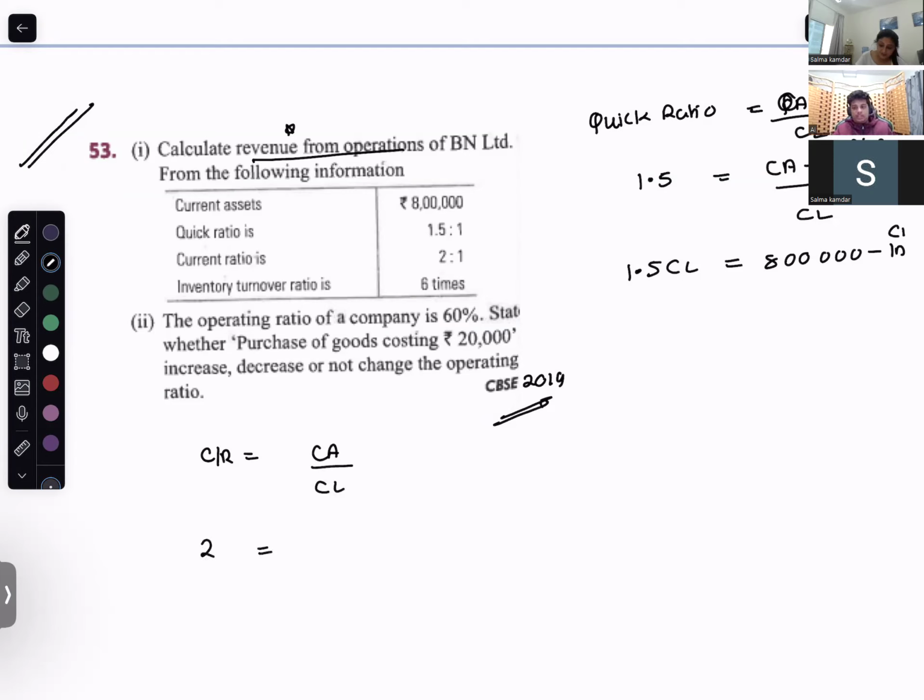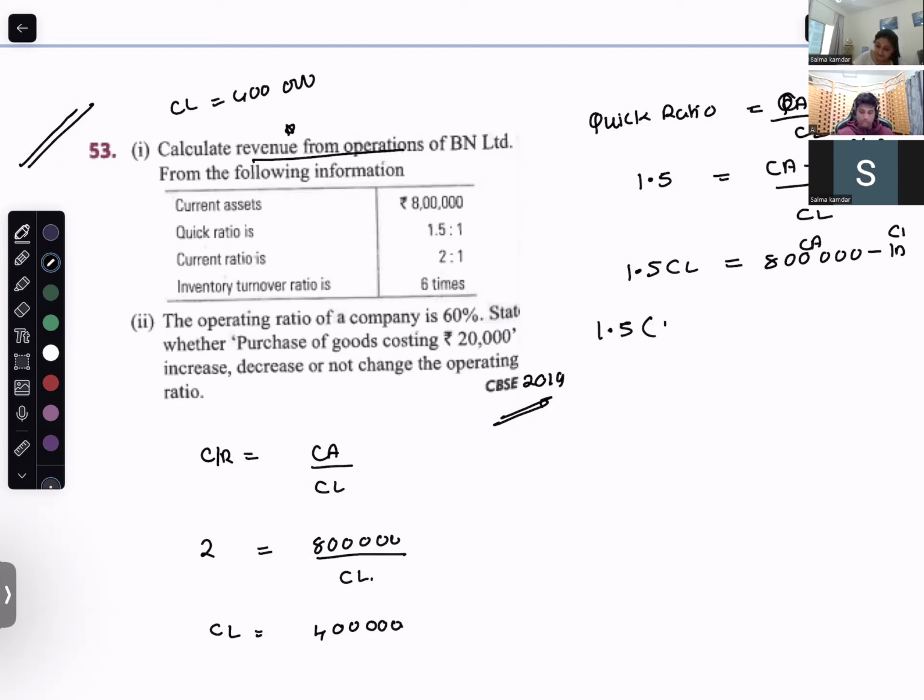So 2 is equal to current assets 800,000 over current liability. So current liability is equal to 4 lakh. Are you with me? Okay. So now I have my current liability is equal to 4 lakh. So I can put 1.5 into current liability.